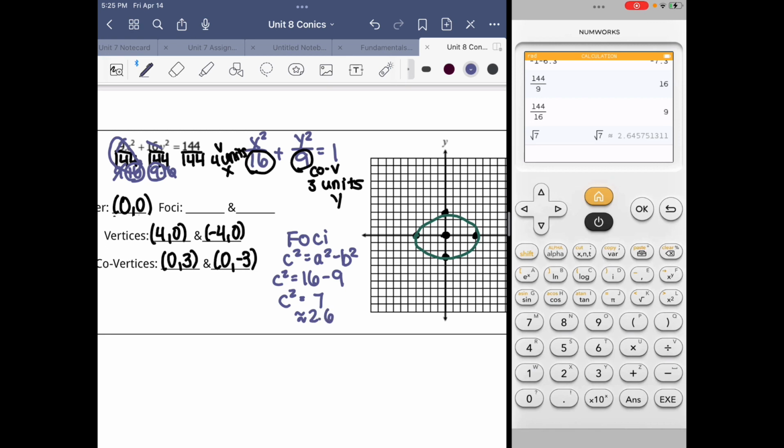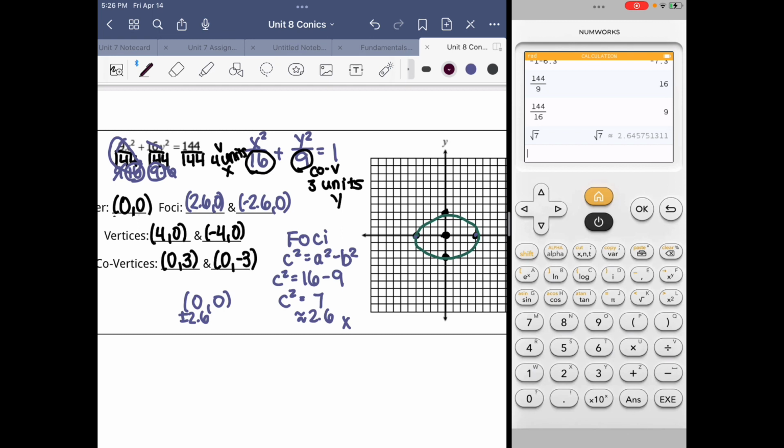Since our vertices, or the longer side, is on the x-axis, that'll have to go along the x-axis. So we're going to add and subtract 2.6 to the x part of the center, which is going to give me (2.6, 0) and (-2.6, 0).